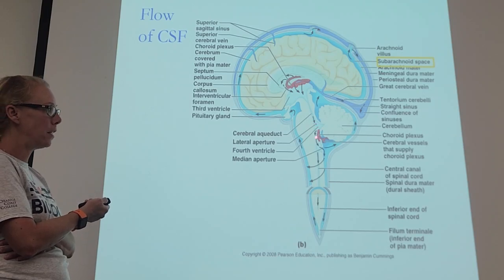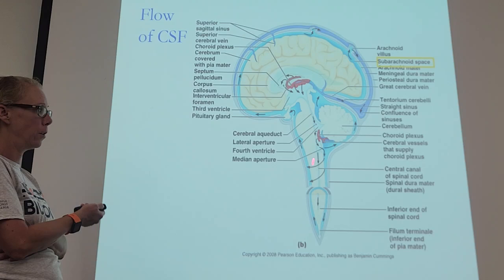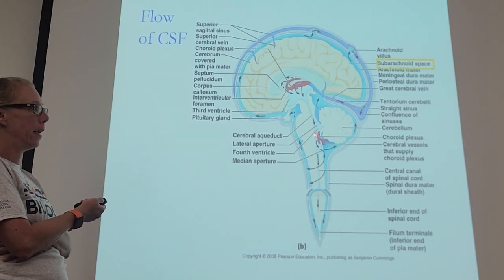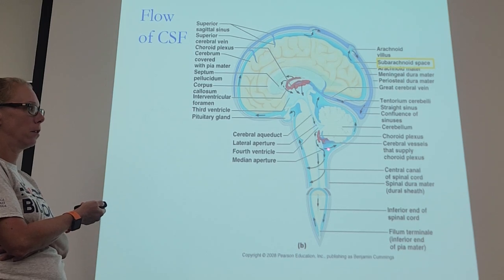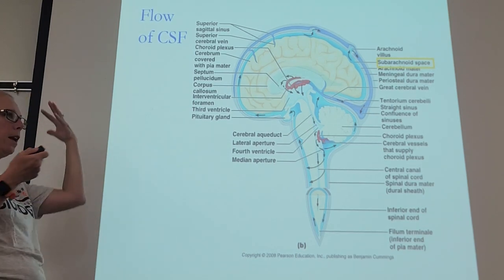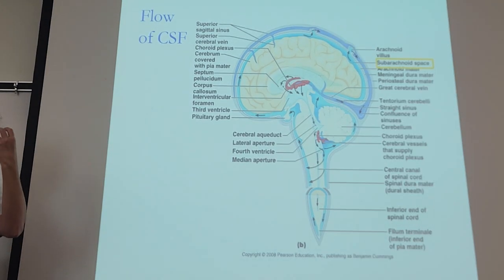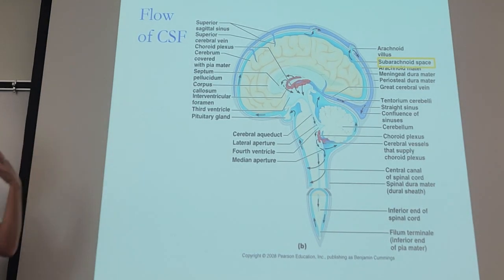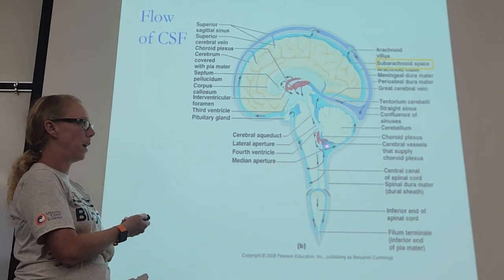But when it hits the fourth ventricle and goes into the central canal, which it will, it also has to have an area to enter the subarachnoid space, because it needs to bathe the brain itself. Not just the ventricles inside, but the brain itself. And the way it does that is through the subarachnoid space.